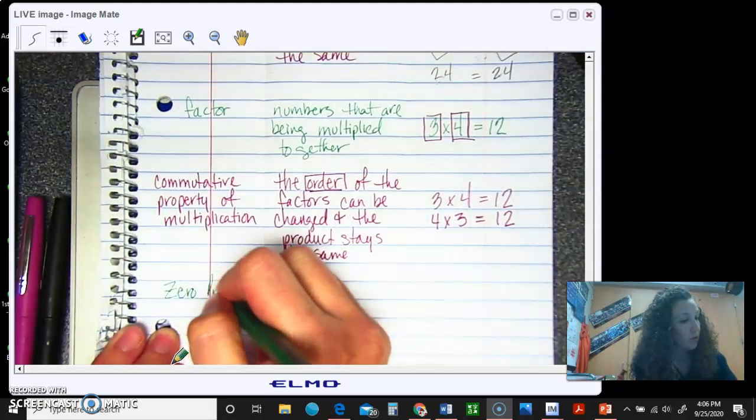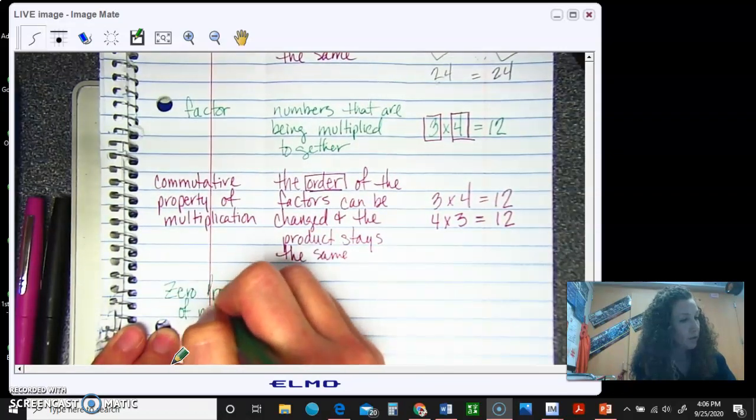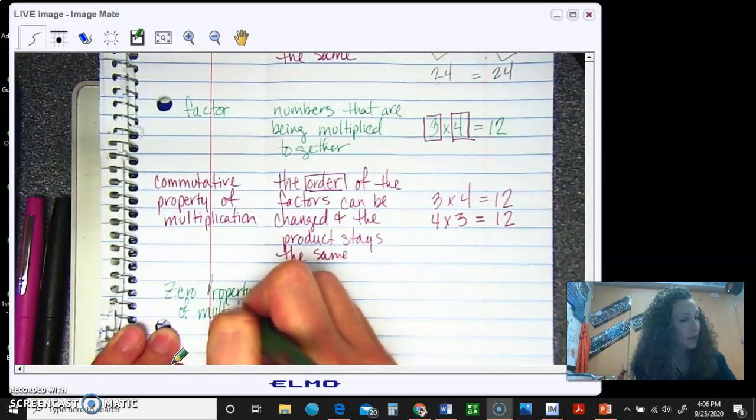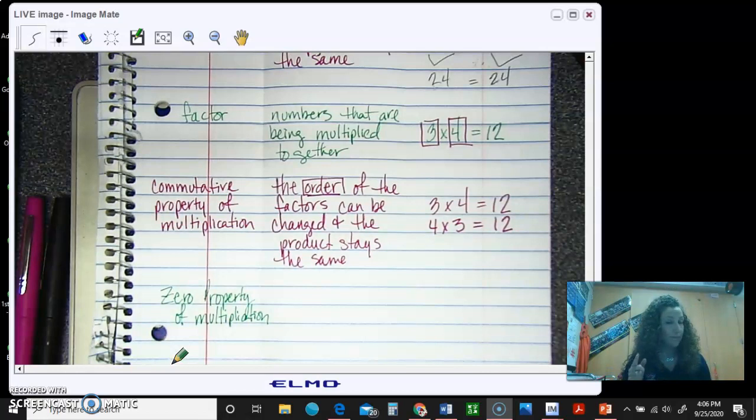So the zero property of multiplication. Here's your definition. Super hard. It's going to work real hard to memorize this one, okay? When you multiply any number by 0, the product is 0.